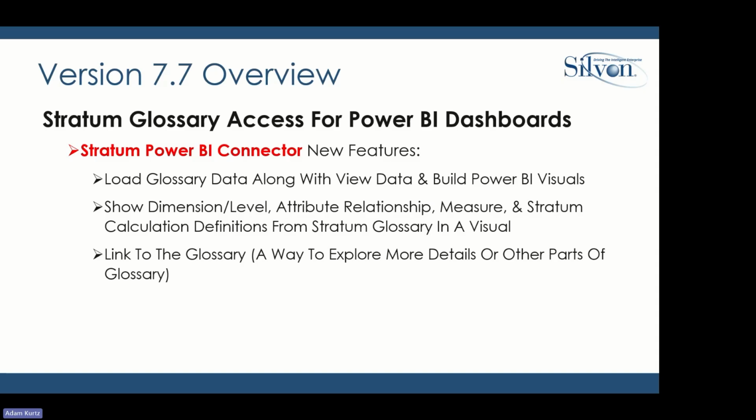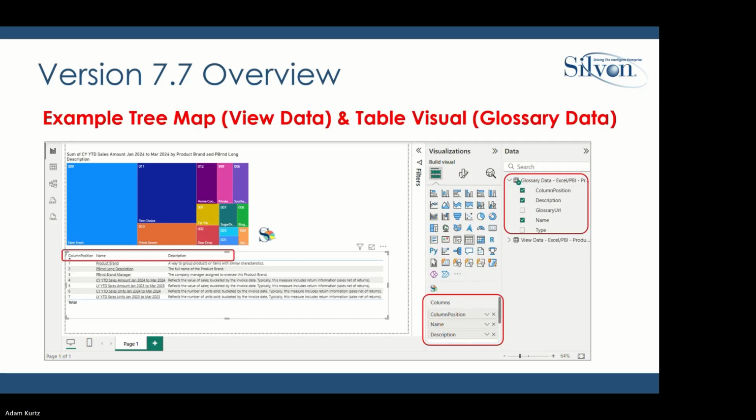I'll show you, so you get a better understanding of what that would look like. So here we have an example of what that would look like in Power BI, where I'm connected to the glossary information from a view, and then I could just pump in a table there, and I decide what elements of that information I want to make available within my visualization, within my Power BI report.